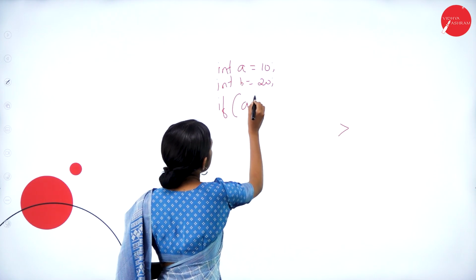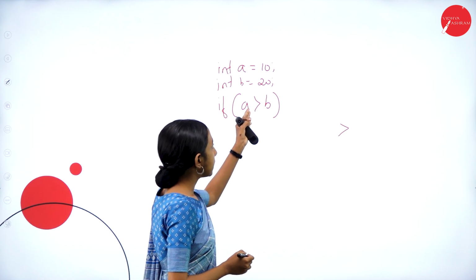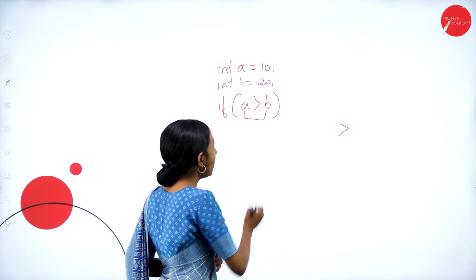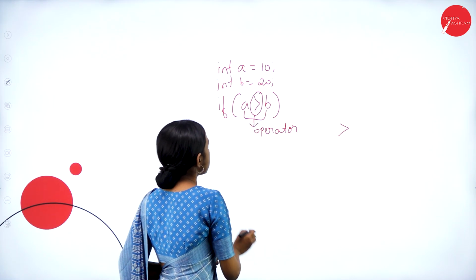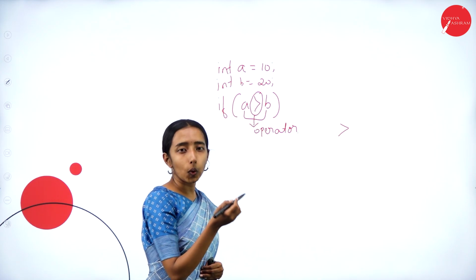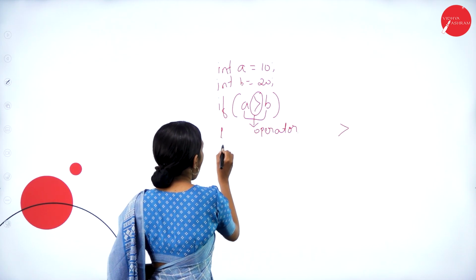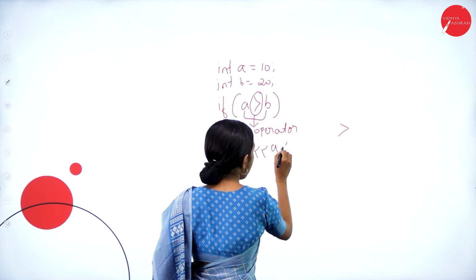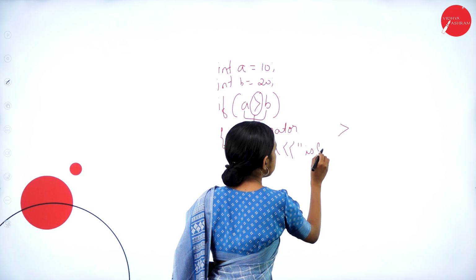If a greater than b, now I am using the greater than symbol between the two operands, and the greater than is an operator. So I am having a condition whether a is greater than b. If it is greater, I will write cout a, I am passing the variable a is greater.